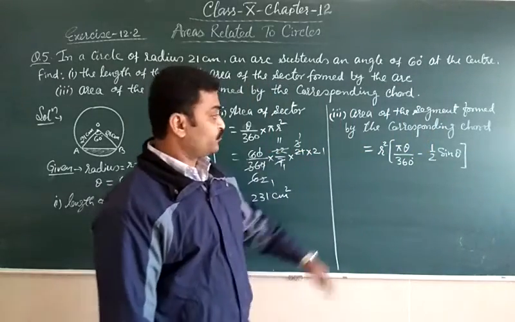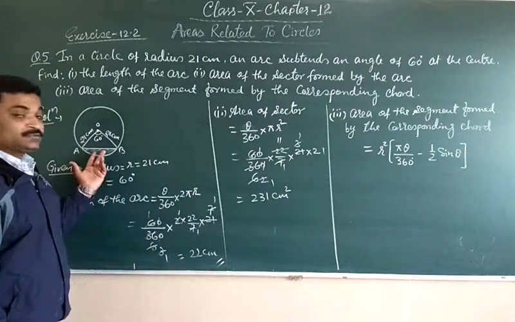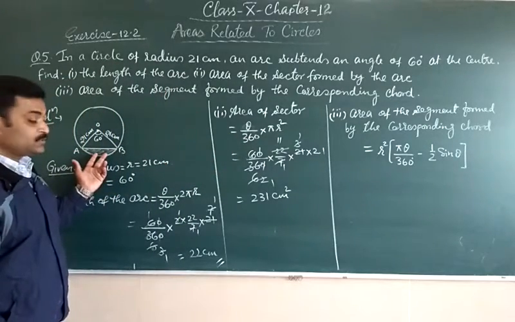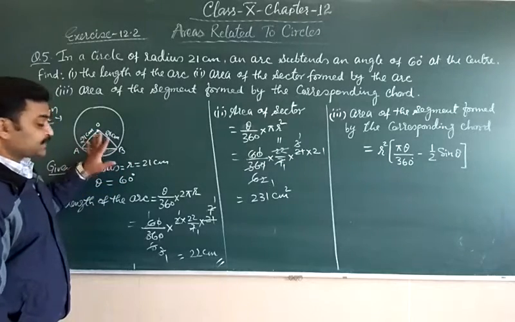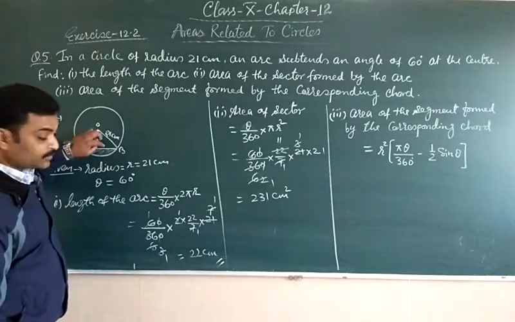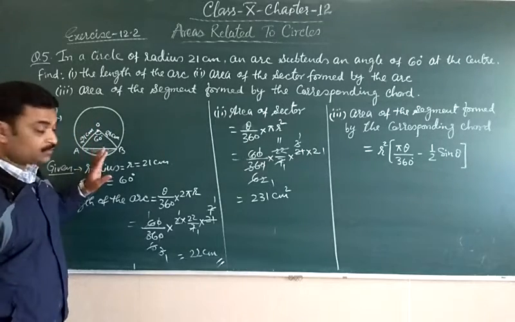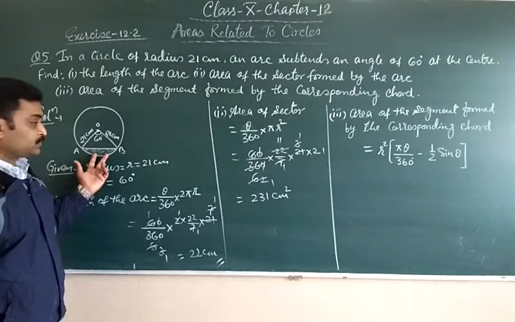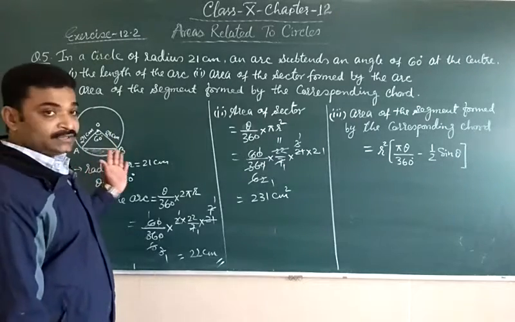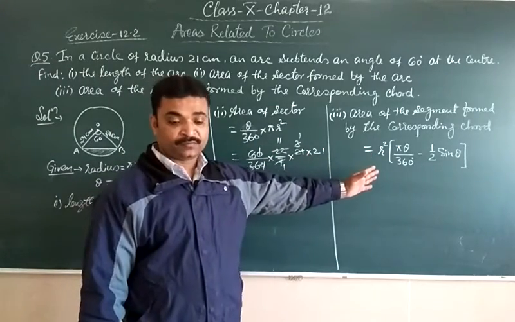This formula is very useful to find the area of this segment. Otherwise, what we will do? We will first find the area of the sector, then find the area of the triangle, then subtract the area of the triangle from the area of the sector to get the area of this part. Clear? Either do this or go by the formula. Clear?